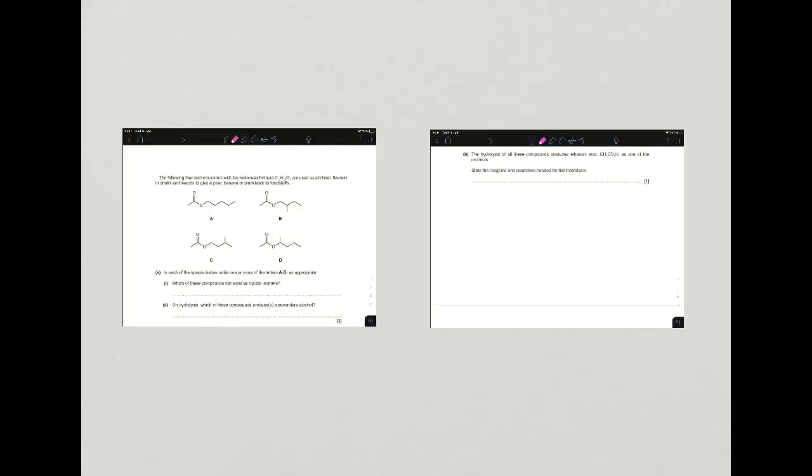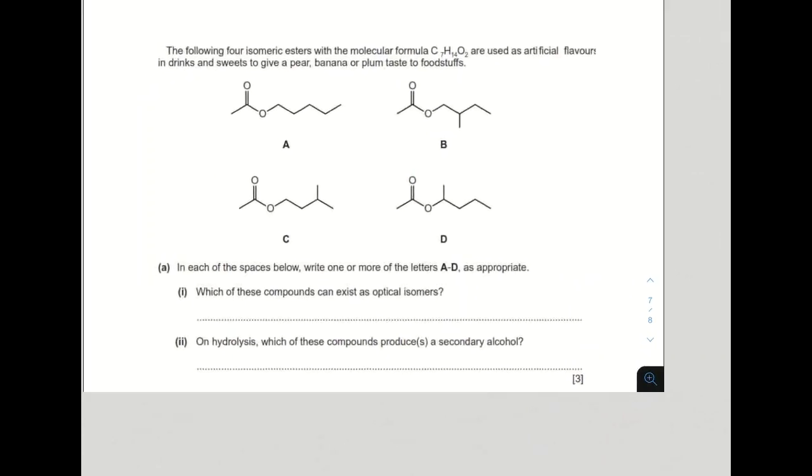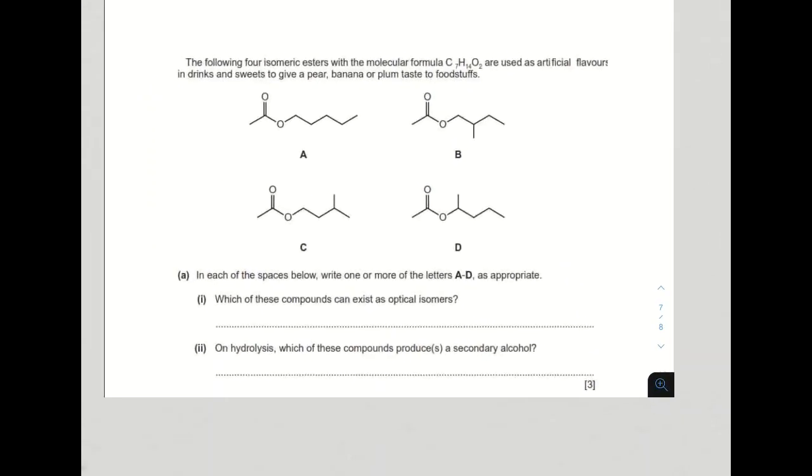Now, next question. This is going to be a structure question. Here they have mentioned that you have 4 isomeric esters with the molecular formula C7H14O2, and they are used for artificial flavoring of fruits, fruit flavor.